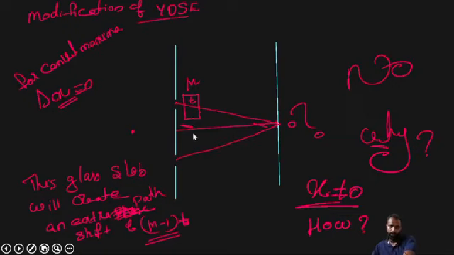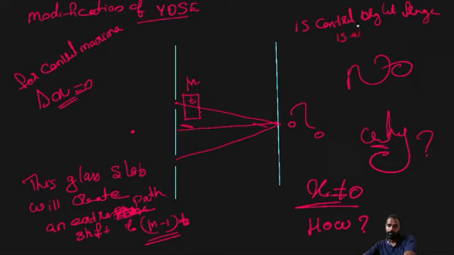We have introduced a glass slab here. Is the central bright fringe still at O? The answer is no. Why? Because delta x is not 0. For the central maxima, we know delta x is 0, but the glass slab creates an extra path shift of (mu minus 1) times t.